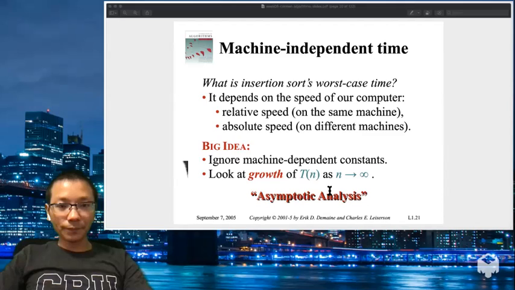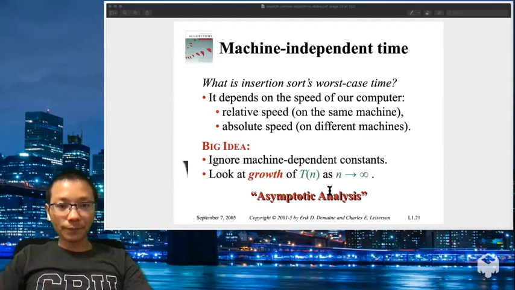Depending on the problem, the input size could be represented in a different way, but in this sorting problem it's pretty clear: the input size is the number of elements. That's what matters. So when n grows, we want to analyze how this algorithm behaves in terms of running time. This is what we're interested in most of the time.